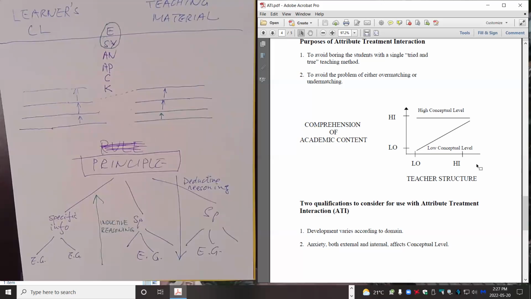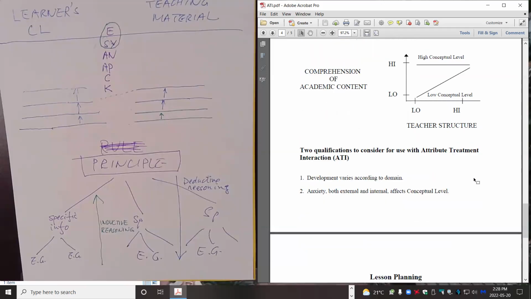Now, that's for low CL students. For high CL students, no matter if it's low structure materials or high structure materials, see, flat. They understand the materials no matter what structure the teacher uses. All right, good.